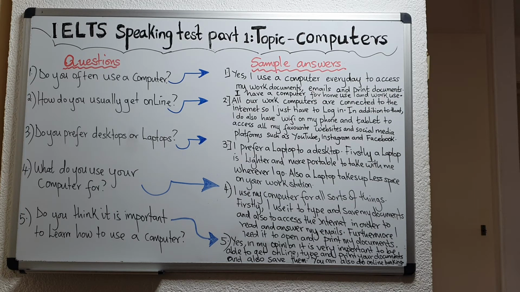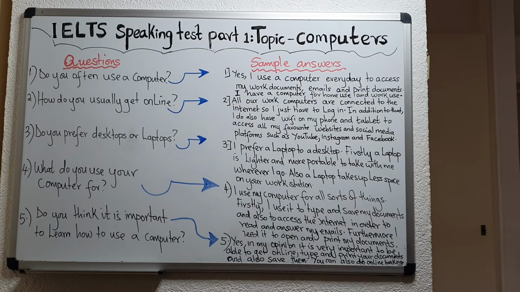Furthermore, I use it to open and print my documents. That should be need. The word should be, furthermore, I need. That is, there is an N that is not clear. It should be N-E-E-D. Okay?